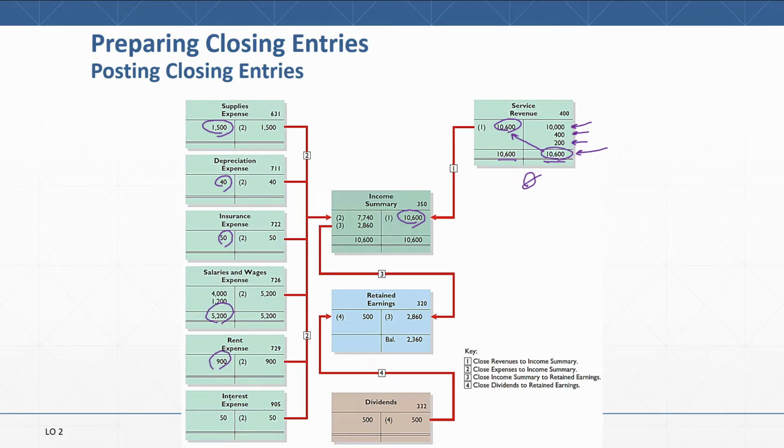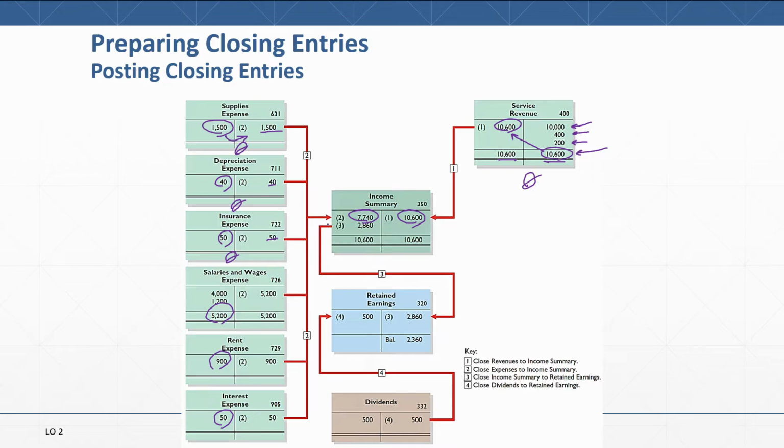To close them, we take these numbers and put them under the opposite side of the account. By doing so, balances will be gone, as you can see. So all the expenses are closed. The summation of all these expenses in this case is 7,740, which goes to the debit side of the income summary.